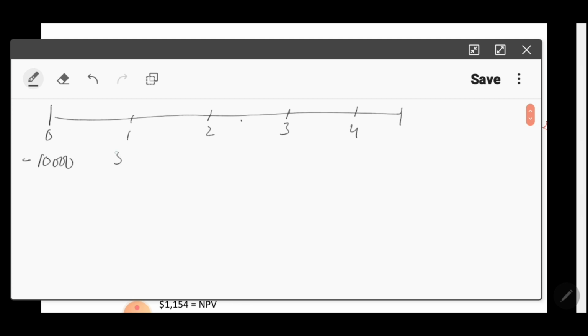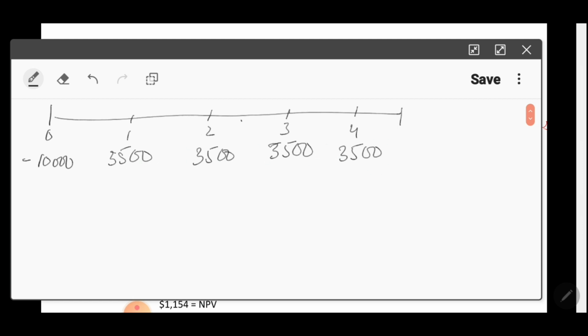Then we have 500, and no, I was doing it for project A. Sorry. So we have an equal 3,500 for project A. So you need to calculate the present value of these cash inflows.